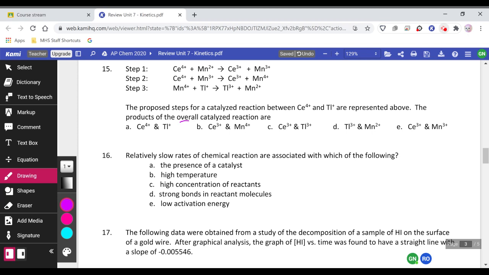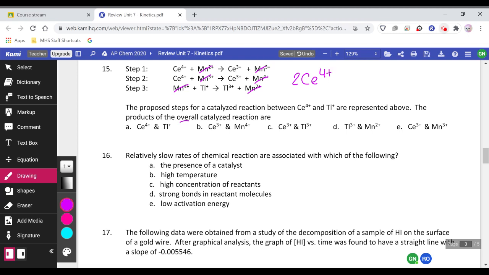So on that, I have canceled out my Mn2+ on both sides. I've canceled out my Mn3+ here and here. I've canceled out my Mn4+ here and here. I believe that's all that is canceled. And then I went ahead and just wrote my overall reaction off to the side.